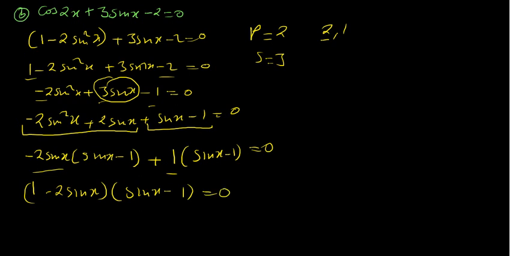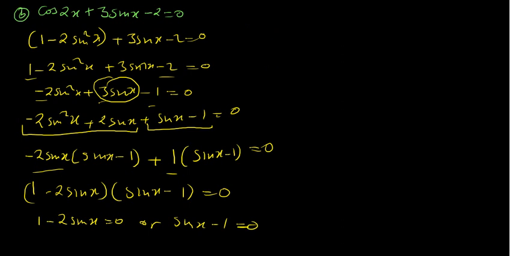So at this point we can equate each of them to 0. So the first one, 1 minus 2 sin x, is going to be equal to 0, and the other, sin x minus 1, is also going to be equal to 0. I'll take this one to the other side, so it becomes negative.